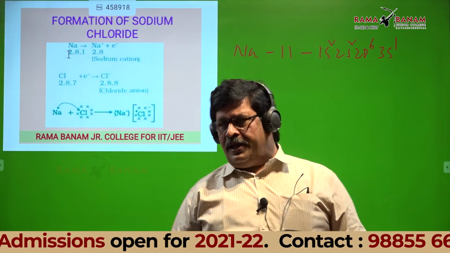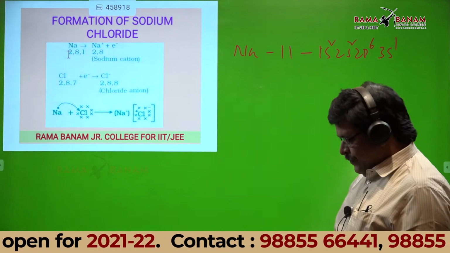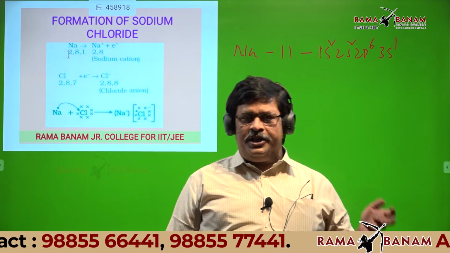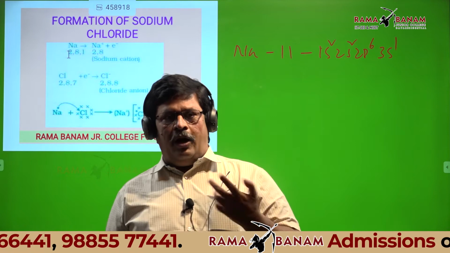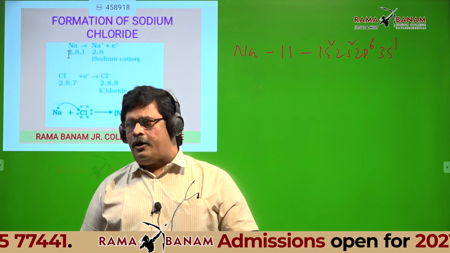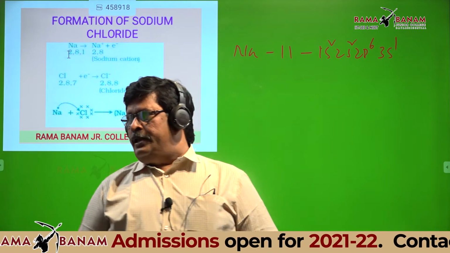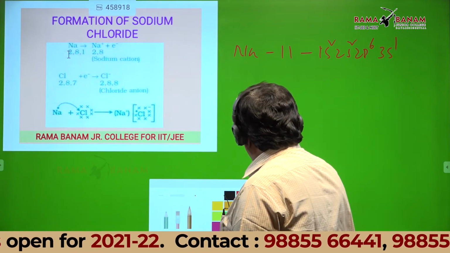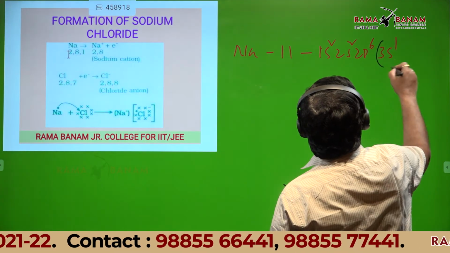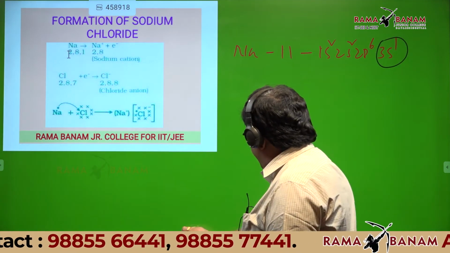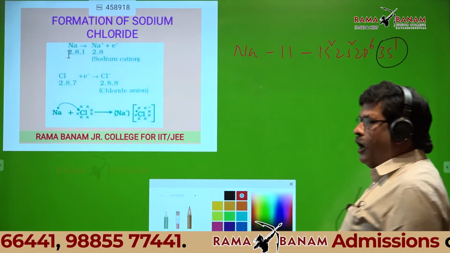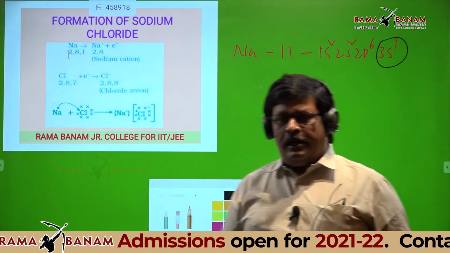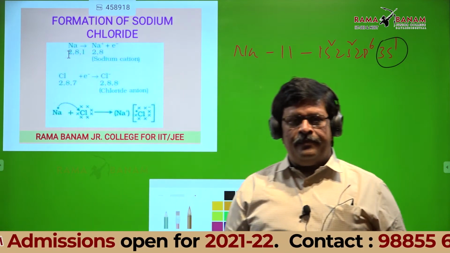And what we discussed in the octet rule, each and every atom tries to attain octet configuration either by gaining, by losing, or by sharing electrons. See, in the outer shell of sodium there is only one electron. Suppose it can lose that outer electron, definitely it attains an octet configuration, that is the neon configuration.